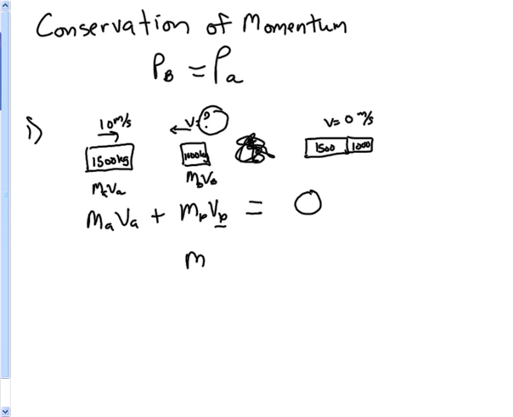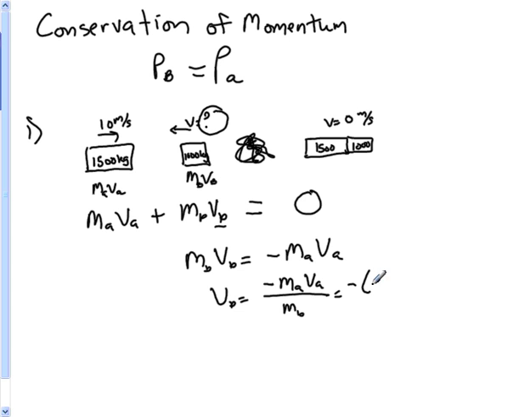So mass B times VB is equal to minus mass A times VA. So getting VB by itself, VB is equal to a negative MAVA over MB.